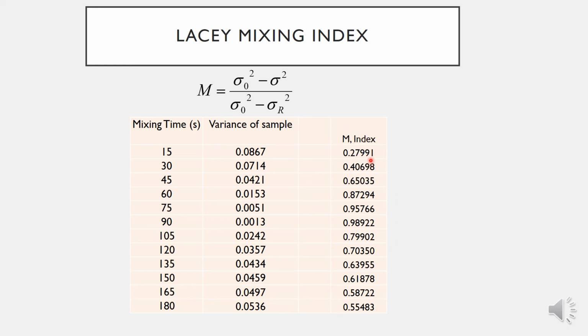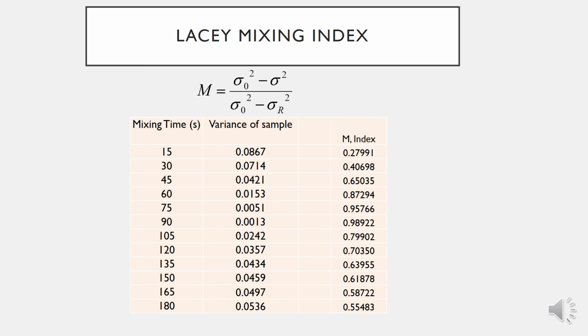You can see the mixing index moving from 0.2 to 0.4 and slowly moving up to near 1, and after that dropping down. We mentioned yesterday that the mixing index is a number between 0 and 1. 0 means completely segregated, and 1 means randomly mixed. That is what we hope to get in the mixture.